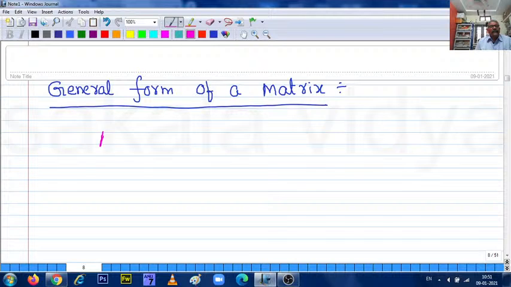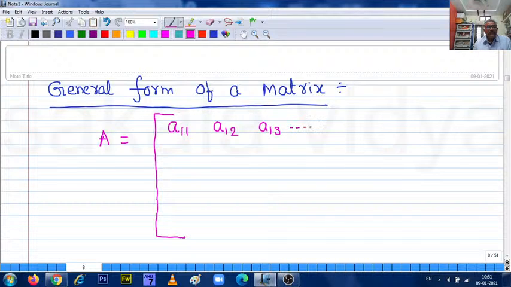General form of a matrix, A equals, you write down like this. This is A11. These are called suffixes. First suffix, second suffix. First suffix indicates, I will explain later, don't worry. This is A11, this is A12, this is A13, and so on. We can write A1j and dash dash A1n.